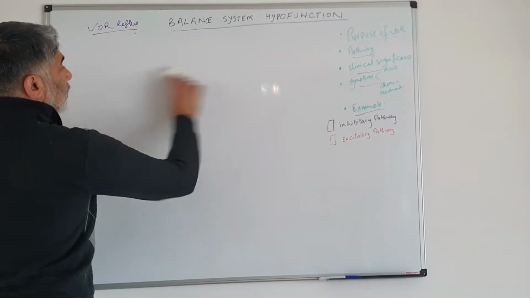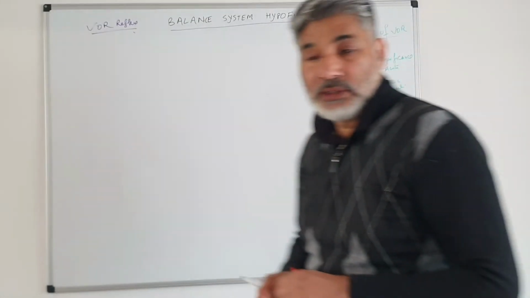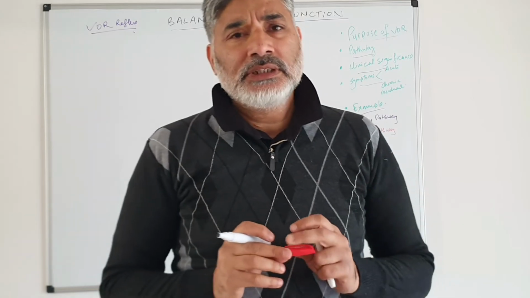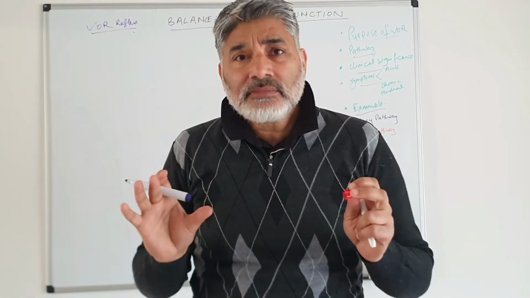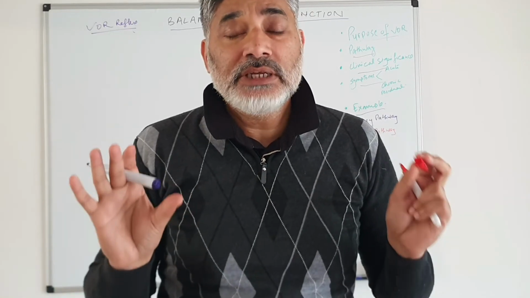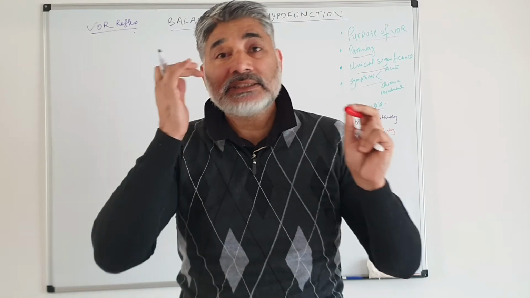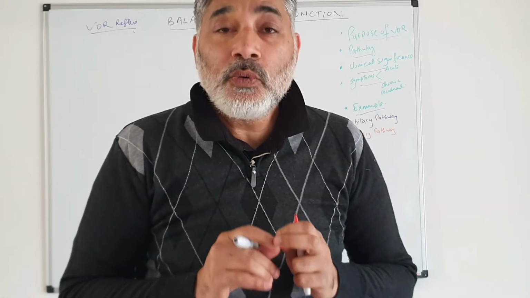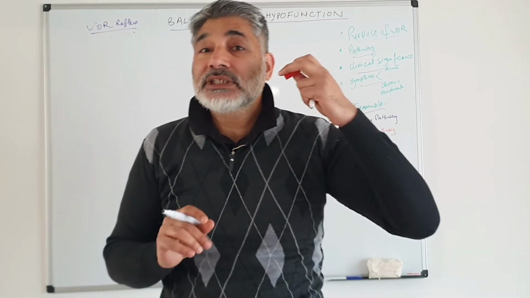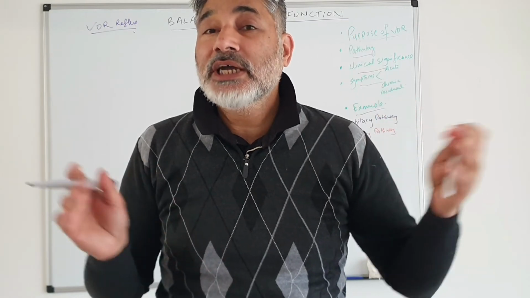Okay, so let's speak about the purpose of the VOR. The main purpose of this reflex is to stabilize the image of the seen world, or hold the image of the seen world on the fovea centralis, the center part of your eyes, when the head is moved in a direction and there is a compensatory movement of your eyes in the opposite direction to the head movement.